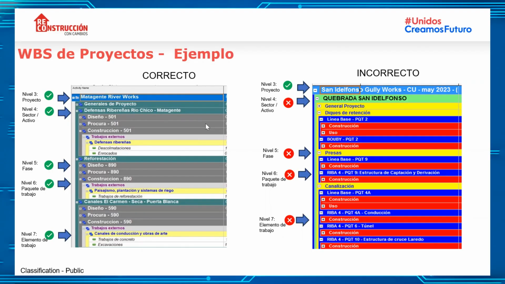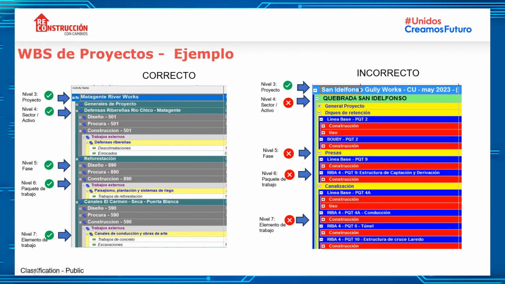This is an ideal example that we performed, where level 3 is the first level of the project, and here you have the project. I'm going to turn on my cursor. The next level is the asset sector. In this case, for instance, we can see riparian defenses, River Chico, Matagente, Canales El Carmen, cerca Puerta Blanca.